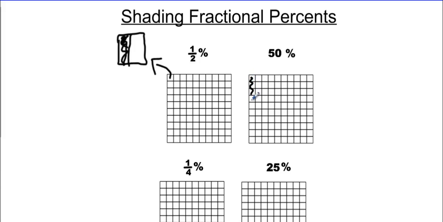So we're shading these 10, and these 10, and these 10, and these 10, and these 10. How much is that? 50? So that's what this looks like. And they look similar, except this is half of the whole thing, 50%, 50 blocks, whereas this is 50 blocks if you chop this little guy into 100 pieces and then shade 50 of them. That's half, right? So you're making half of 1%.